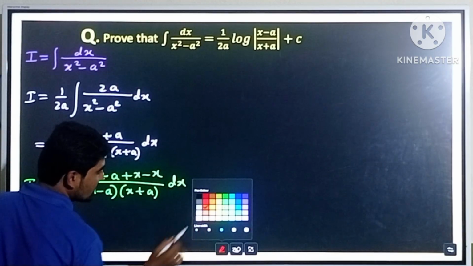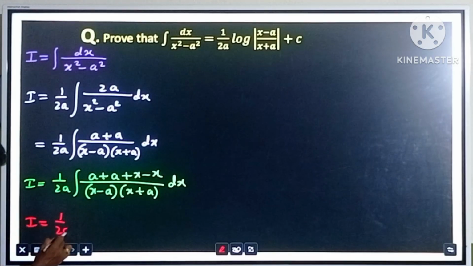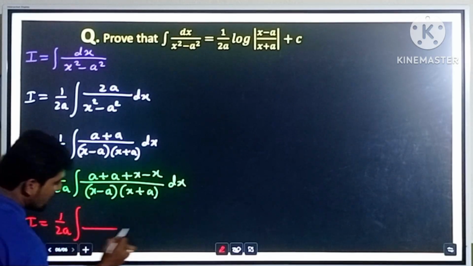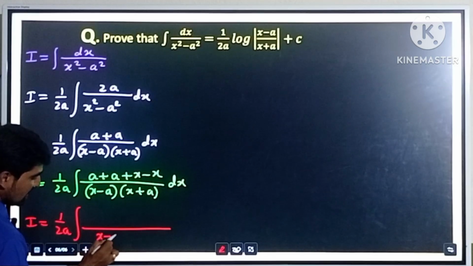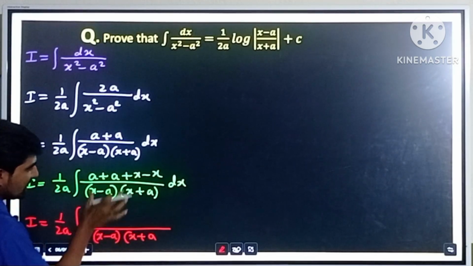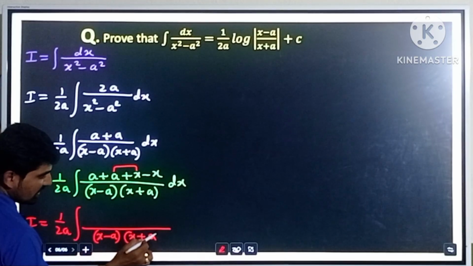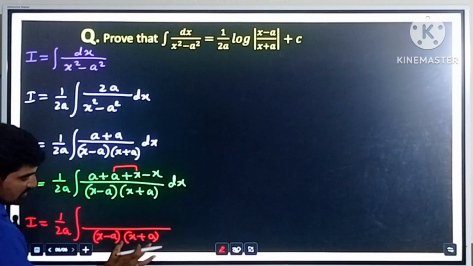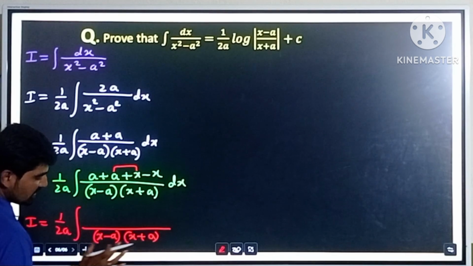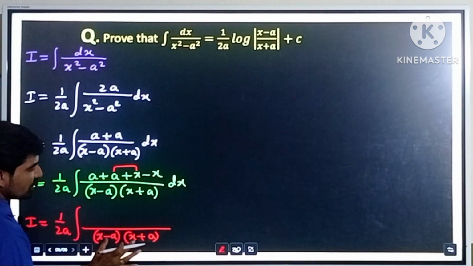Now I is equals to 1 by 2a into denominator as it is, x minus a into x plus a, in numerator. So firstly I am going to write a plus x, or you can write it as x plus a. The denominator factors are x plus a and x minus a, so we need to convert the numerator into this format.